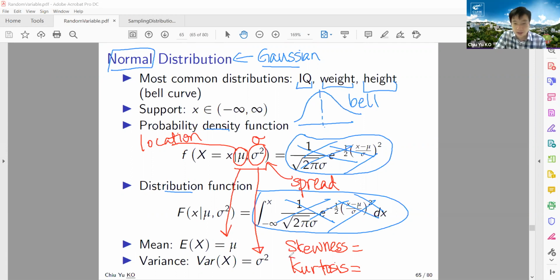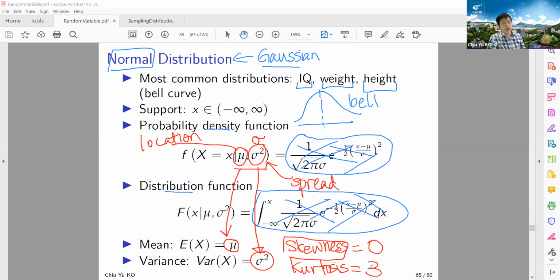But skewness means how symmetric they are, right? And for the bell, the skewness is 0. And the kurtosis for the normal is very fun because regardless of what the mu is, what the sigma is, kurtosis is always 3.